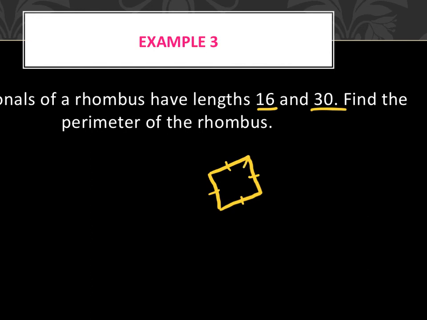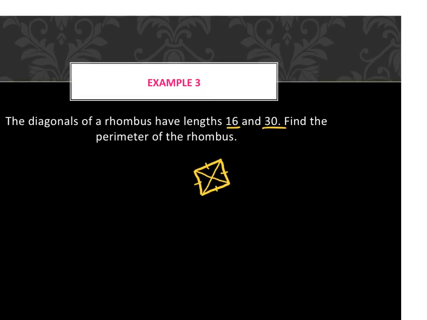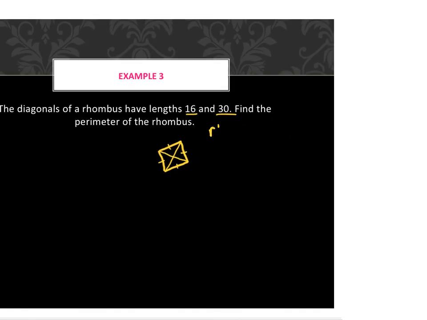Now, they want to know about the diagonals. Here are some things I'm going to make note of on the side that are true about a rhombus. Because this is going to come up a lot, make yourself a note, because if something with the rhombus comes up again, you need to know that.